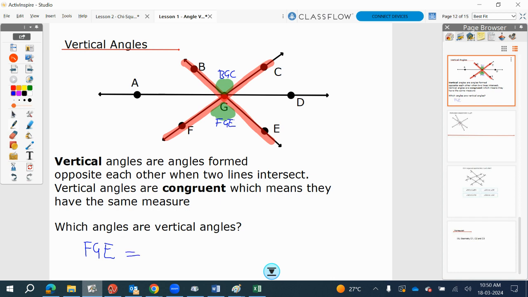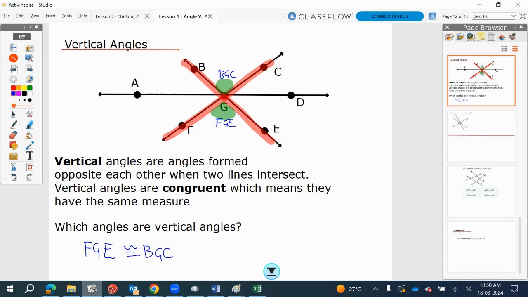Vertical angles are congruent. Sorry, I can't draw my G. So these two angles are vertical angles. They are congruent, which means they have the same angle measure.